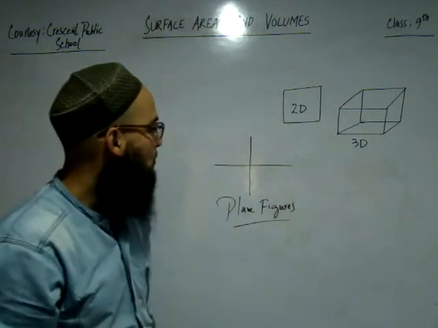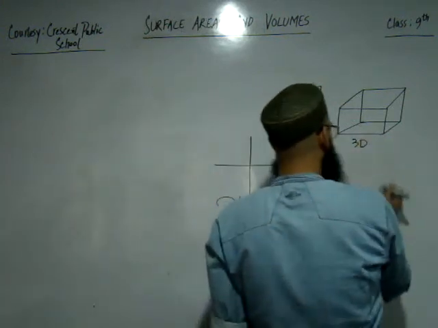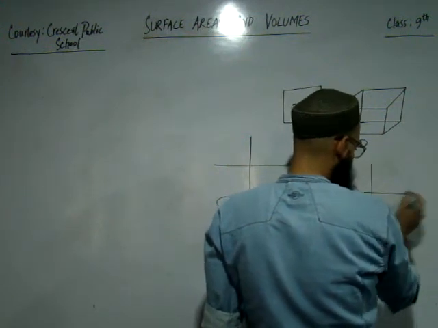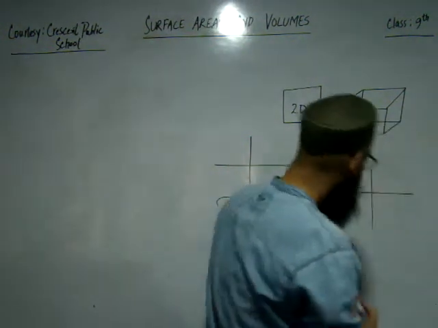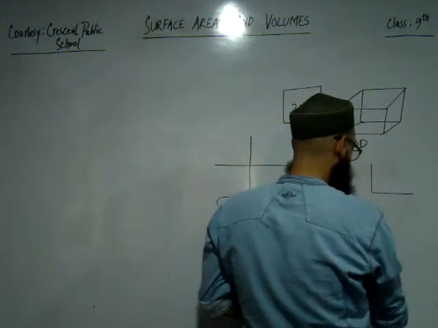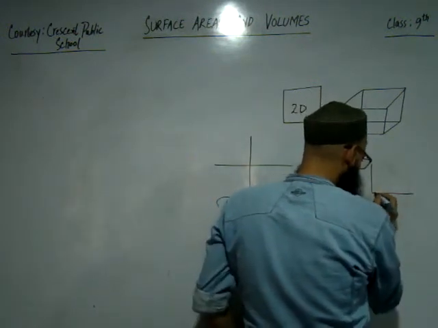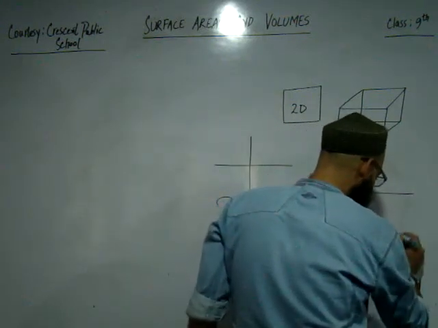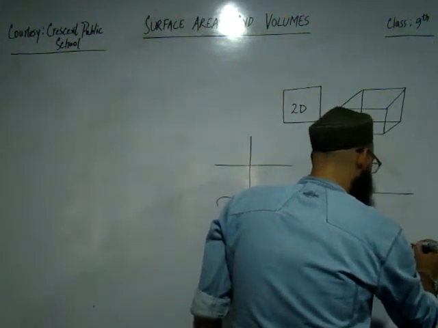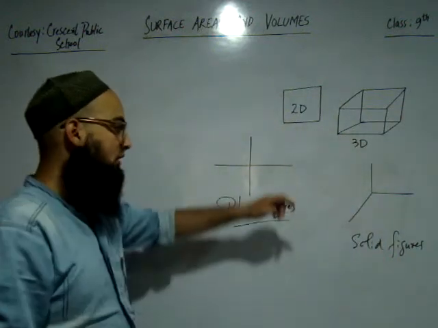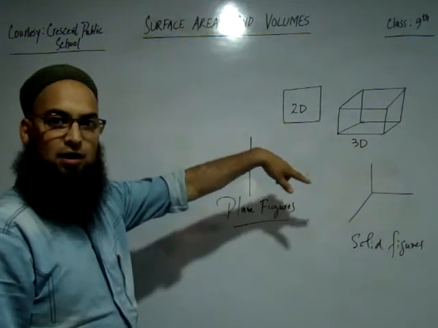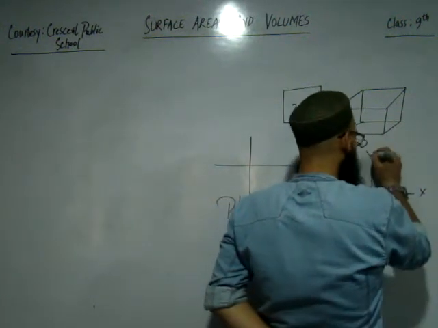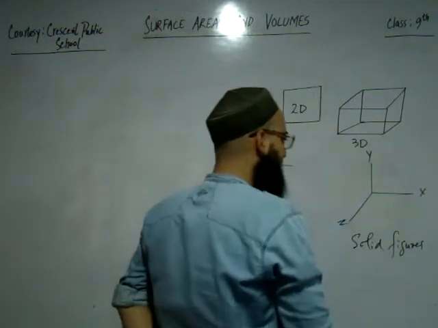Another one we have 3D figures. 3D figures are also called solid figures, which are established on the 3D coordinate system, x-axis, y-axis, x, y and z.